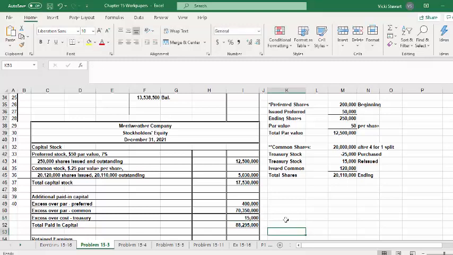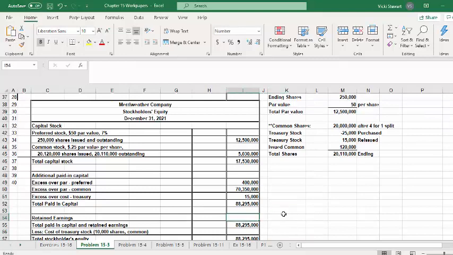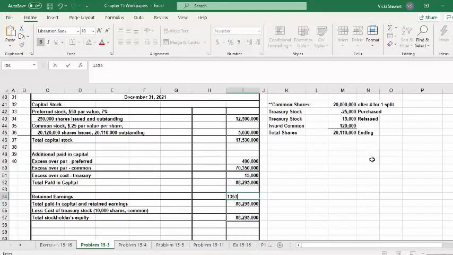So total paid-in capital is $88,295,000. Retained earnings ending balance was $13,538,500, which we would add to the $88,295,000 that included the par value also of the common stock to get total paid-in capital and retained earnings of $101,833,500, and from that we would deduct the debit for the cost of the treasury shares, which was $120,000.